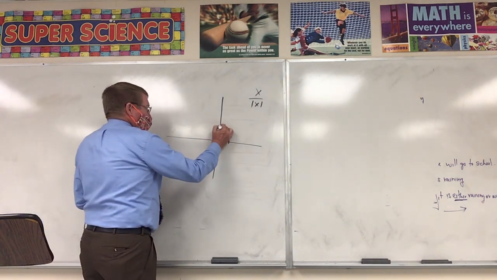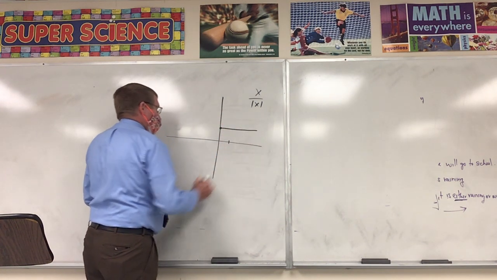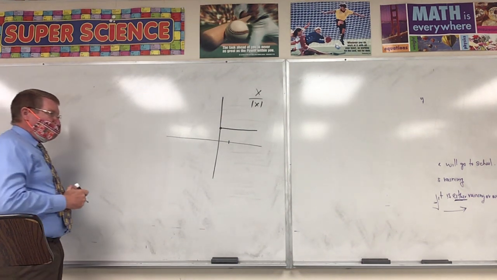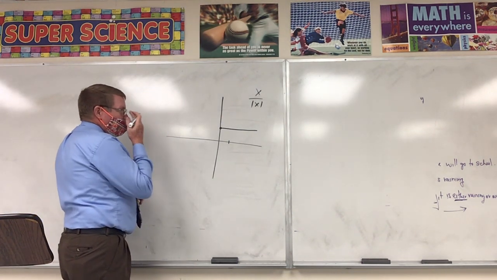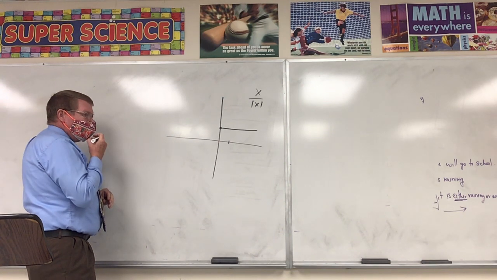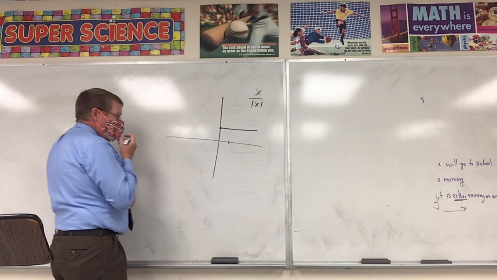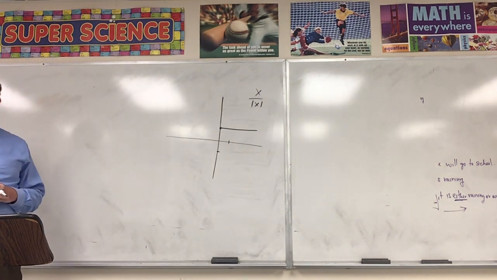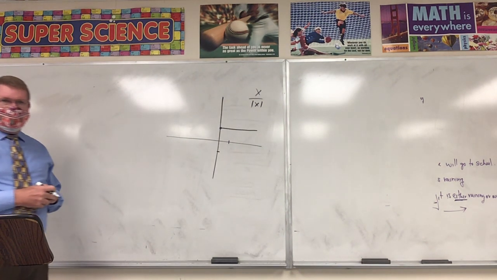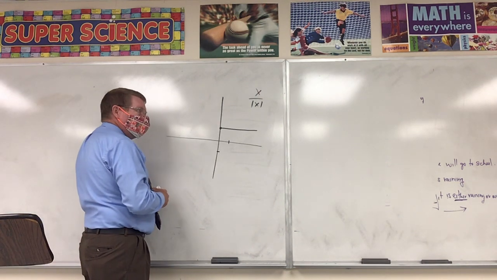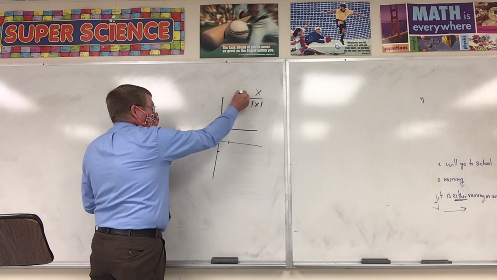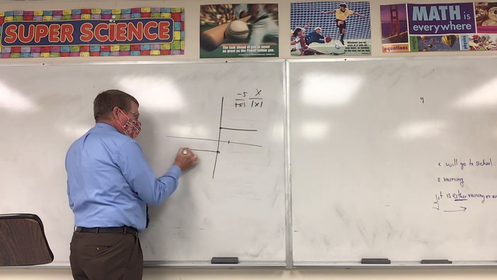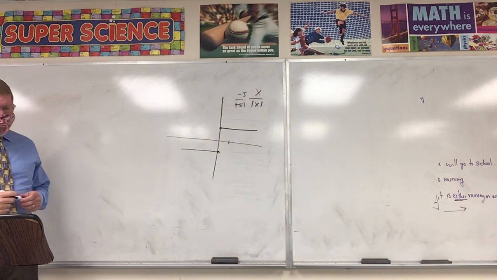Right? So basically we got this line here. If you put negative 1 in, what do you get? You get 1. Oh no, because of the absolute value, it would be negative 1. If you put negative 5 in, what do you get? Negative 1. So basically you get this line here. So there's your graph.